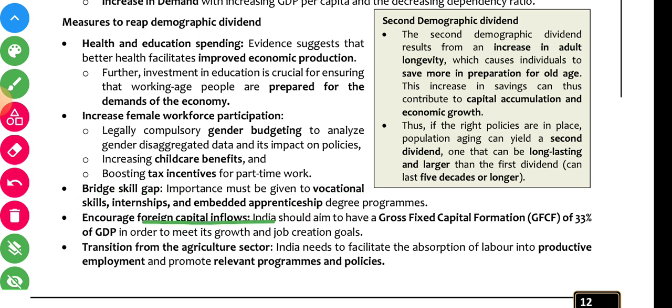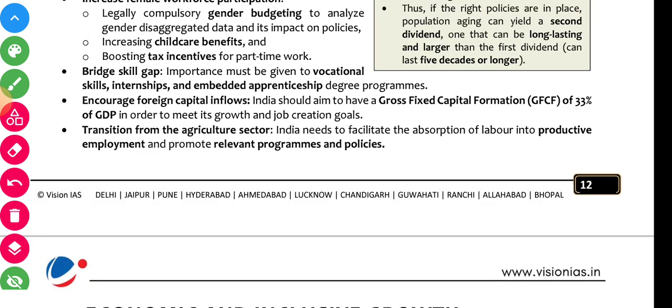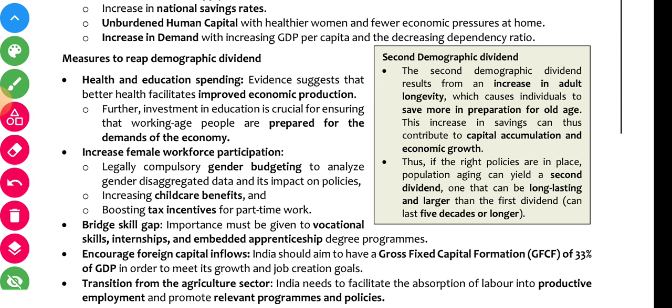Encourage foreign capital inflows. Gross fixed capital formation is currently 33% of GDP. Transition from the agriculture sector, productive employment and promote relevant programs and policies. These are the measures that you can use in your answer writing.